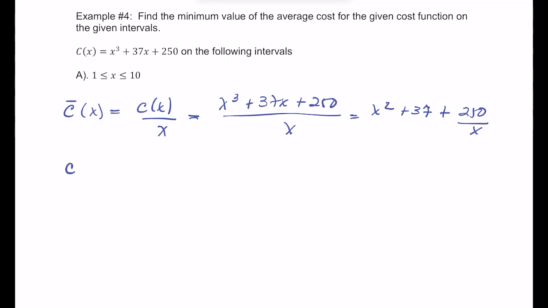Okay, now I want to find the derivative of that average cost function. So that would just be 2x and then minus 250 over x squared. Okay, and if I want to get a common denominator there, I would multiply this by x squared over x squared. So I would get 2x cubed minus 250 and then over x squared.